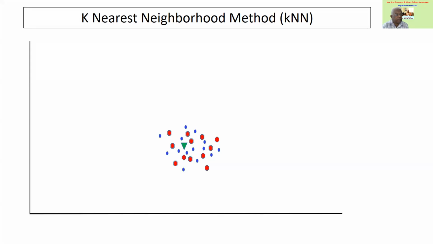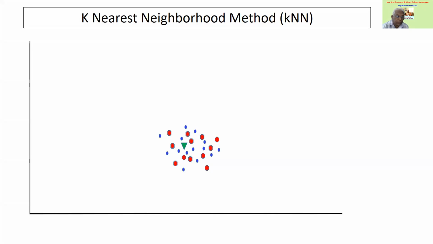This is my historical data, the instances I know. And I have one observation that I want to classify, whether it is of red type or blue type, whether it belongs to class A or class B.